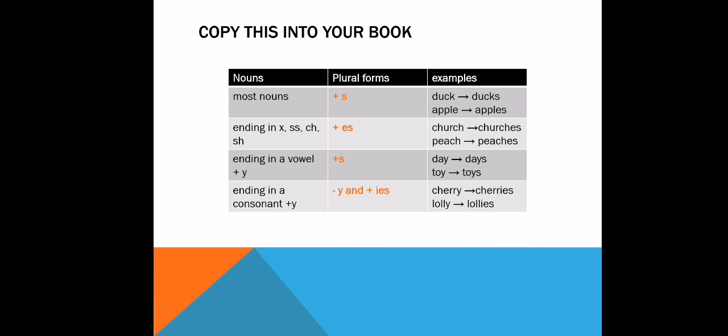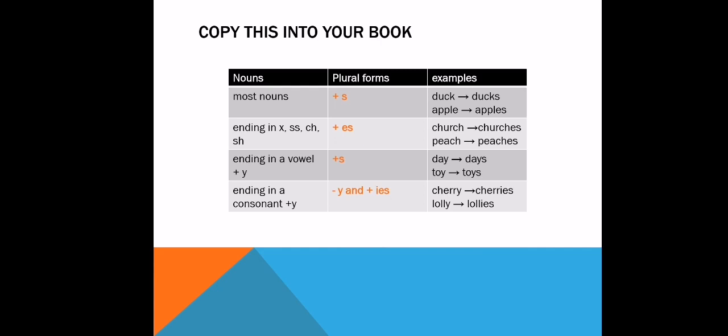Then for words ending with s, x, ss, ch or sh, for example, peach. Peach is one, then you change into plural form, we have to put es, peaches.